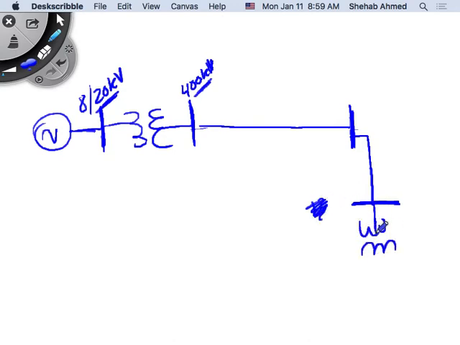So what does Kahrama have to do? Step down the voltage from 400 kilovolts to 132 kilovolts. And then Kahrama says, okay, guys, you take it from here. We have a contract with you that we will deliver this much power at 132 kilovolts.